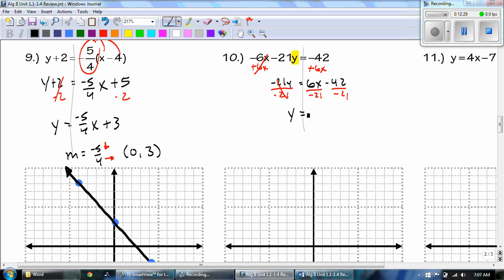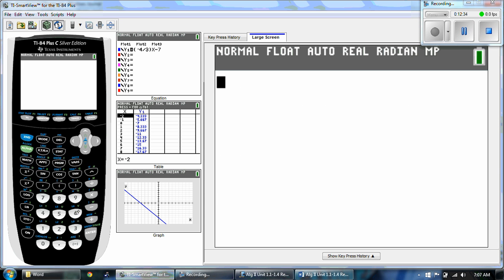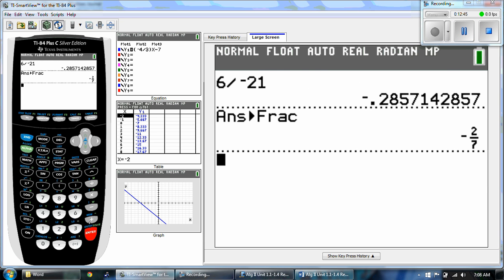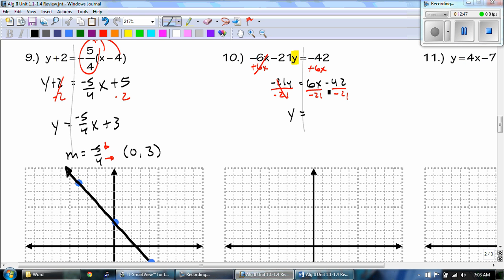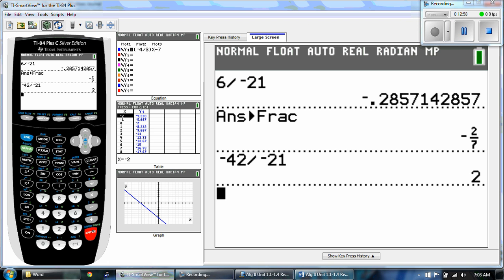So we get y equals, do you know that one? 6 divided by negative 21. Oh yeah, negative 2.857. I can graph that. Remember, change it to a fraction, guys. Okay, so it's negative 2 over 7 x. And then we have, some of you might know this right away, but negative 42 divided by negative 21, we get positive 2.